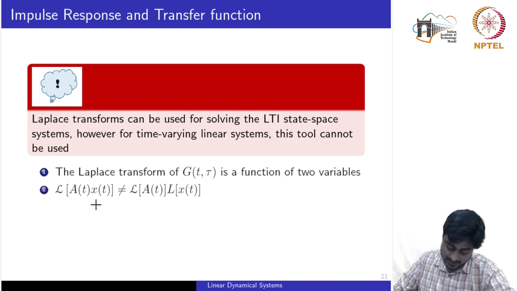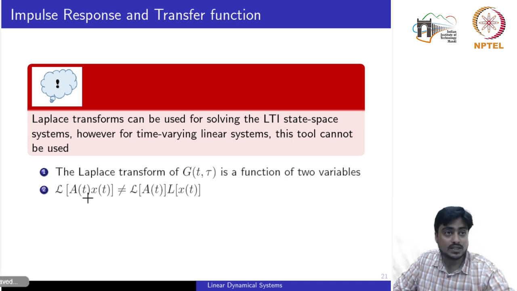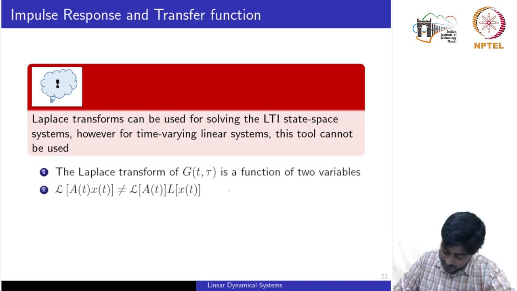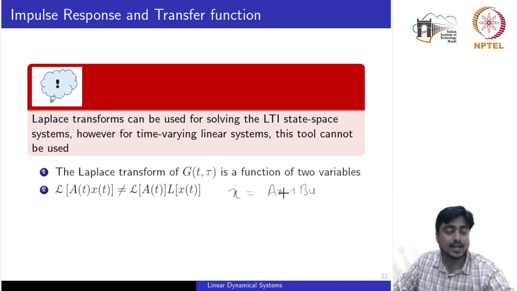The second problem is that the Laplace transform of the multiplication of A of t into x of t is not equal to the Laplace of A of t times the Laplace of x. Pay attention to the LTI case, when we have x dot equal to A x plus B u, where A and B are constant matrices. Suppose we have the zero initial condition, that is to say x0 is equal to 0.